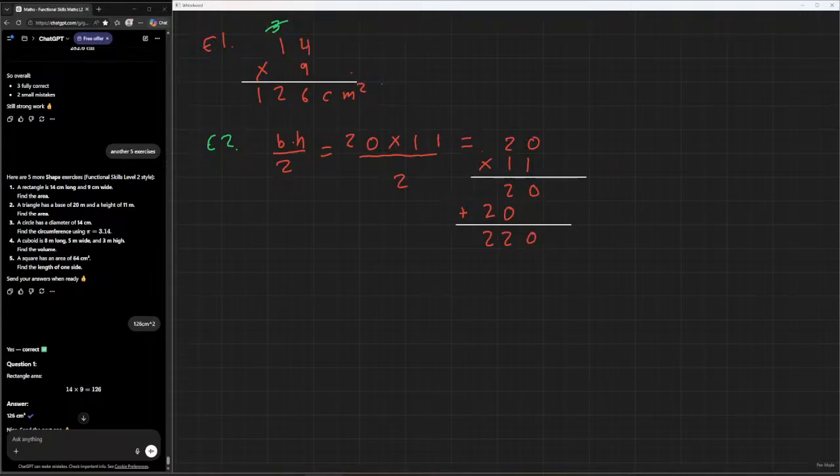So we got the first part 220, then we divide with a 2. So what is half? 10, right? 110.